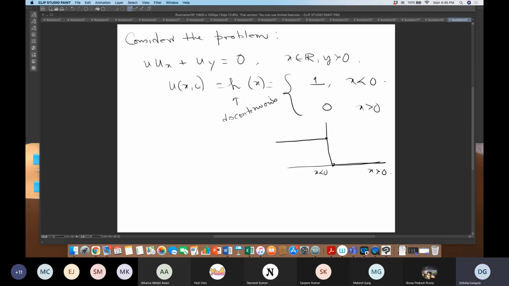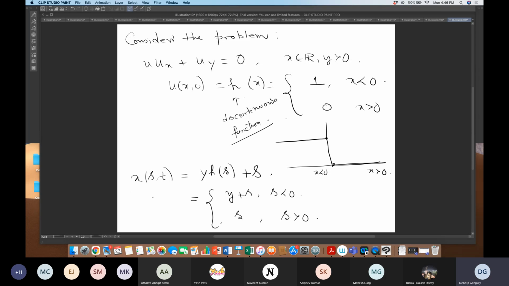So can we solve this? Immediately tell me, what is the equation of a characteristic line? Just now we have done it, right? x of (s, t) is equal to t h of s plus s. Agreed or not? This is nothing but t plus s when s is negative, and s when s is positive.